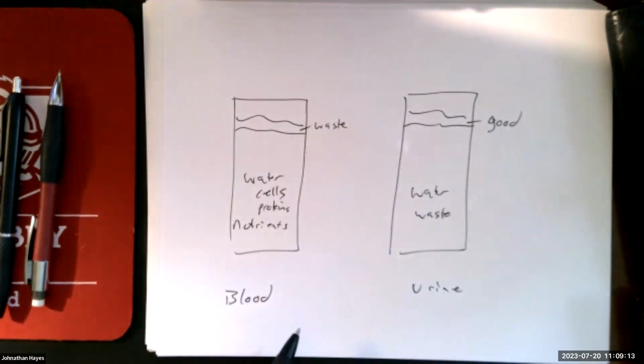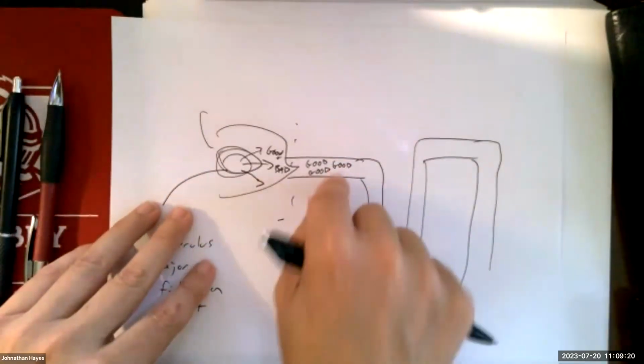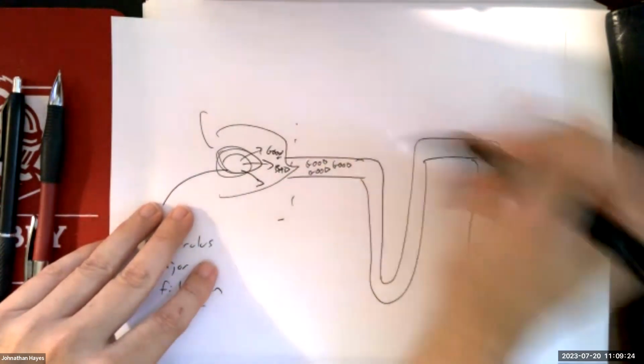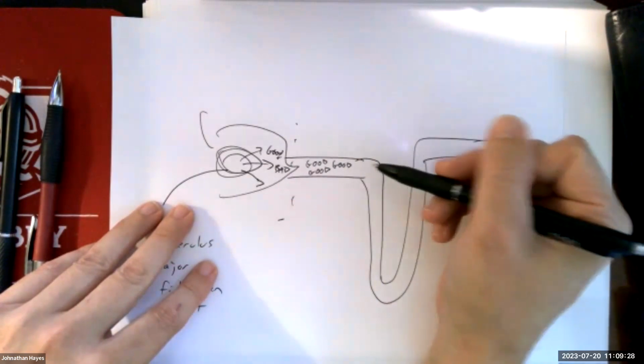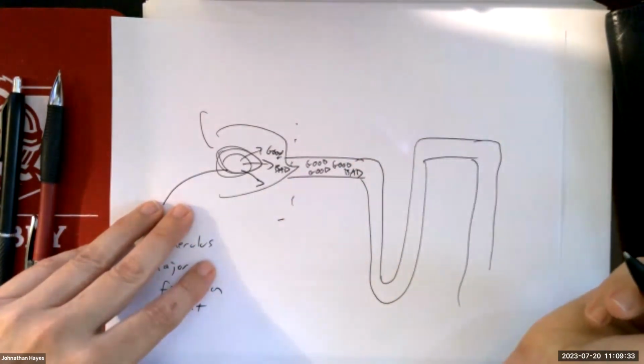The waste should be pretty minor. So as we're going through this tubular system, how are we maintaining all that good stuff in the blood? If I'm filtering out at the glomerulus, we quickly reabsorb it. So if I do have good and bad coming out in healthy blood, you should have more good than what you have bad naturally, right?